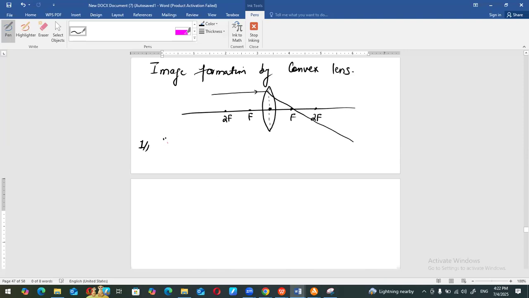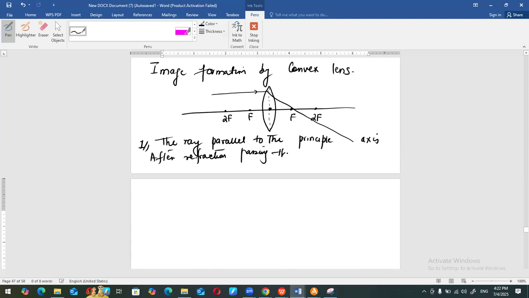So, the ray parallel to the principal axis, after refraction, passes through the principal focus.